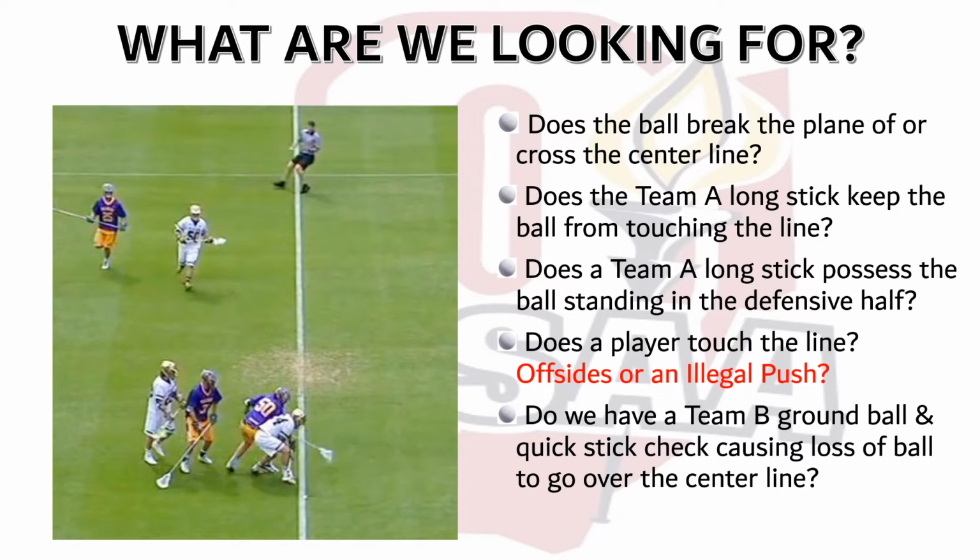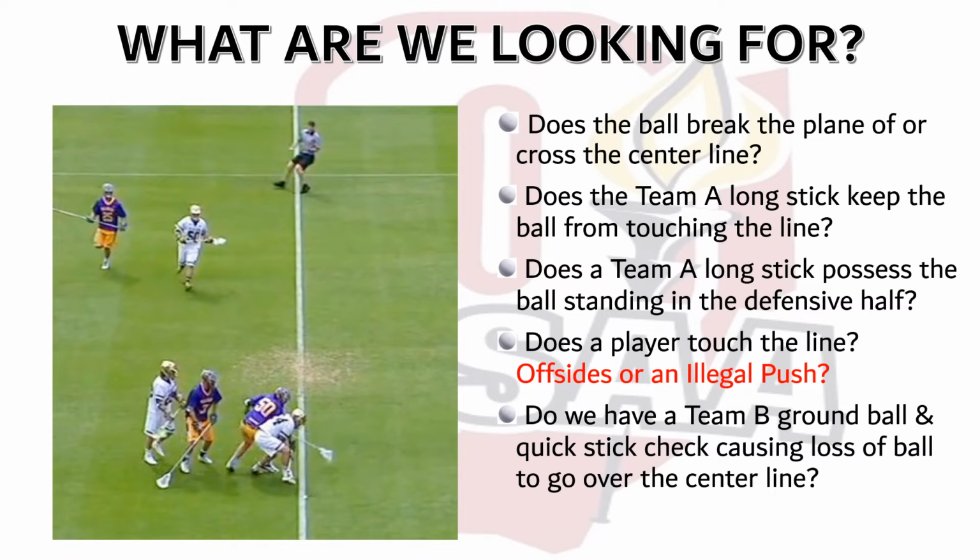So, does Team A's long stick keep the ball from touching the line? Where the trail official is right now, he's in perfect position to see if a white or a blue long stick, whoever the Team A is, do they reach the stick across and simply bat the ball and keep it from crossing that line?